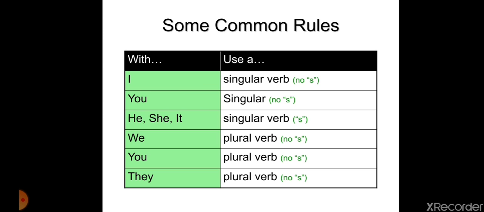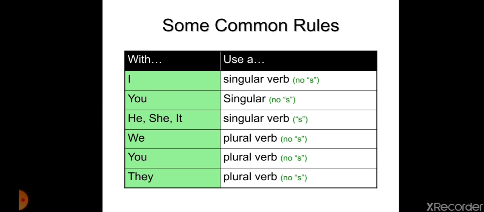So, some common rules you must remember. With these pronoun forms like I, you, he, she, it, we, you, they, you can understand how the action verbs will be. With I, always a singular verb without s. You, singular. He, she, it, singular verb, but with s.